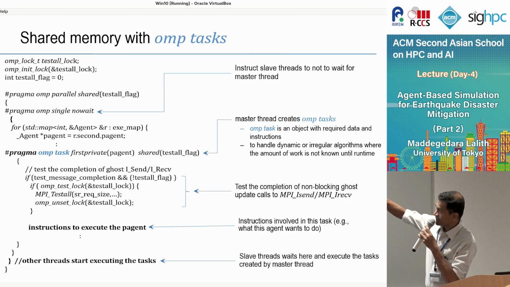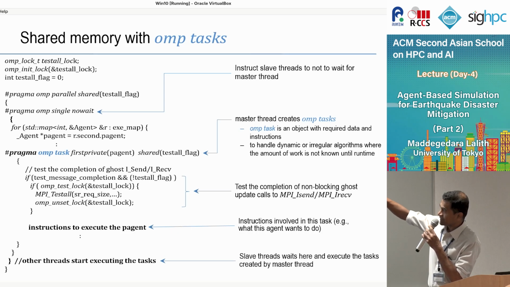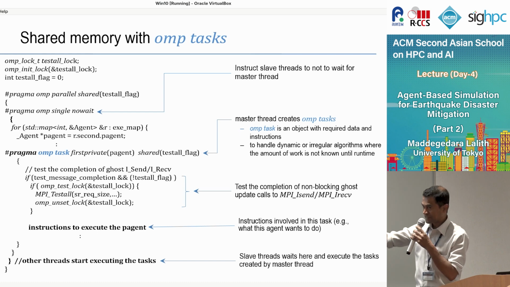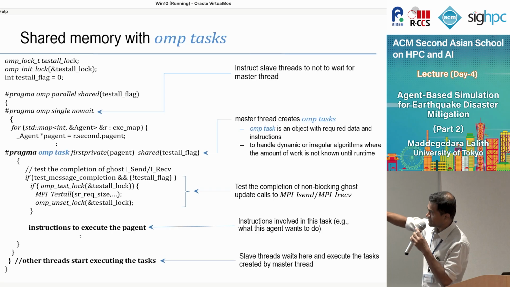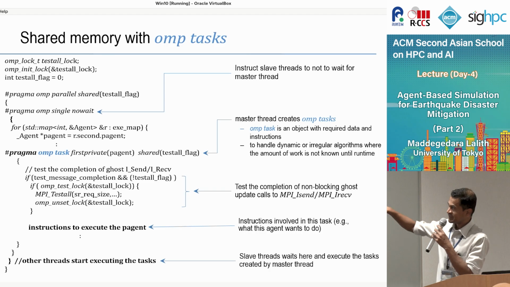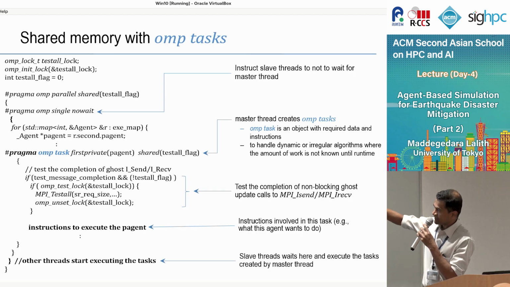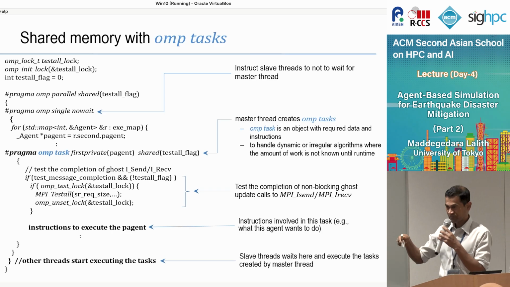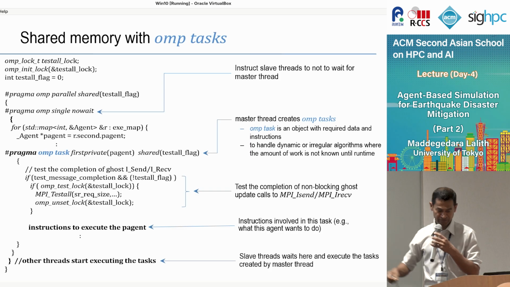Within this single region, the thread that enters there will create a series of tasks. Each task will encapsulate all the data and instructions required to execute this block. It will just create the tasks, and the remaining threads will pick these tasks and execute them one by one. And once this thread finishes creating tasks, it also will join the thread pool and execute these independent tasks. This way we could reach better performance.